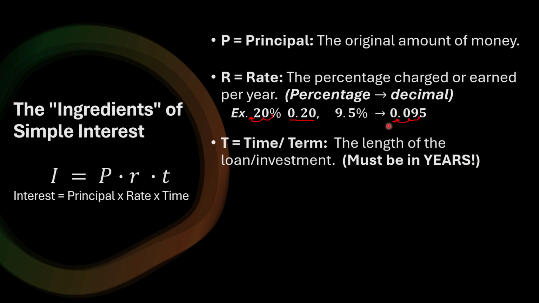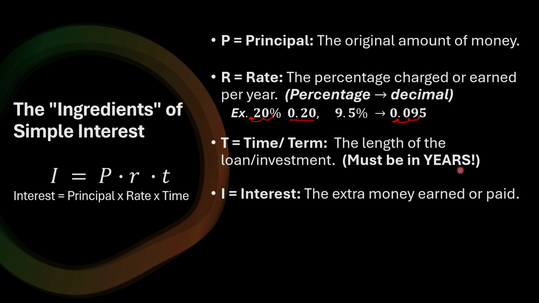The next ingredient is the time or term. It refers to the length of the loan or investment, and this must be expressed in years. And this is our goal, that is to find the value of the interest. This is the extra money earned or paid. Of course, the simple interest is computed based on the original principal.